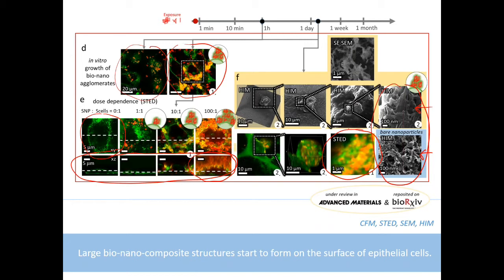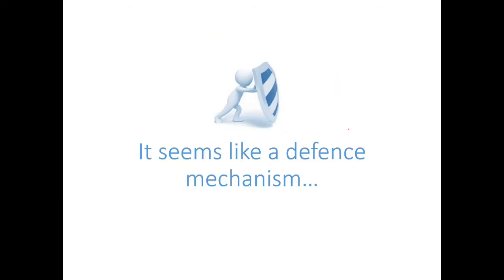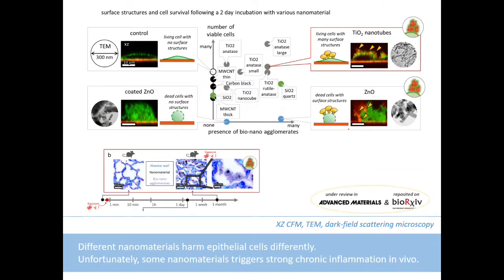And even if you measure cell viability, you will see that the epithelial cells can manage huge doses without even dying. Because it seems like a defense mechanism, the question now is how can cells survive different materials?